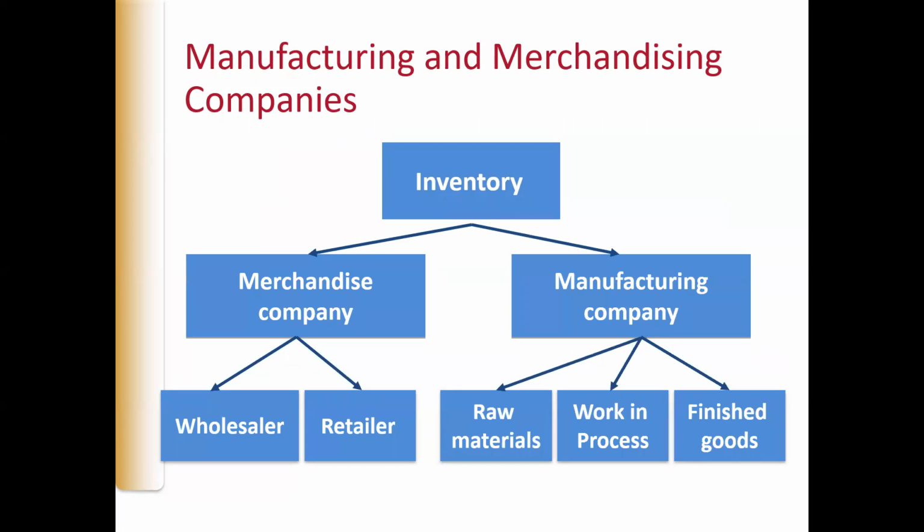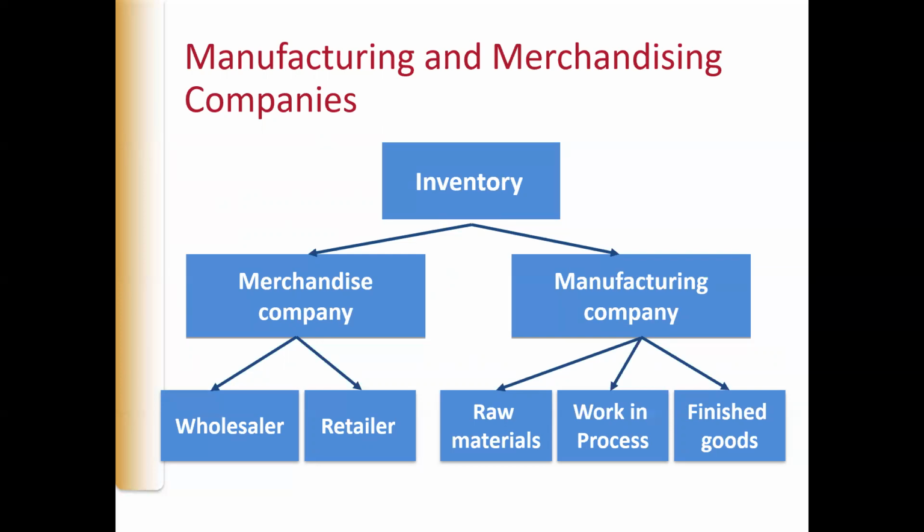Manufacturing companies have a couple types of inventory. The raw materials would be considered inventory, and it's the materials to make the products. As the products are being made, those raw materials get removed and are put into another inventory account called work in process.